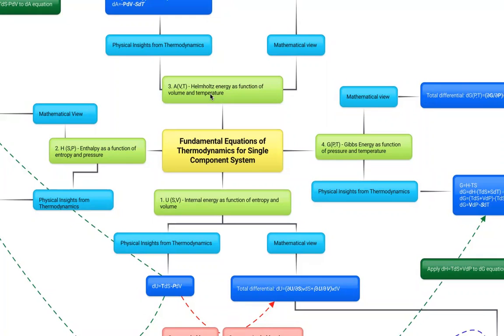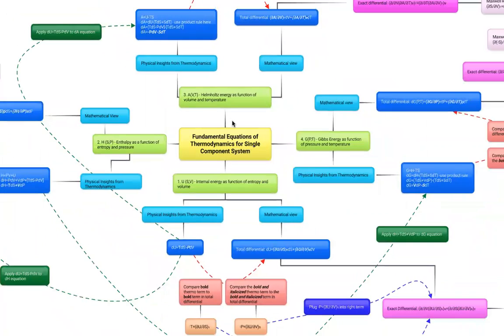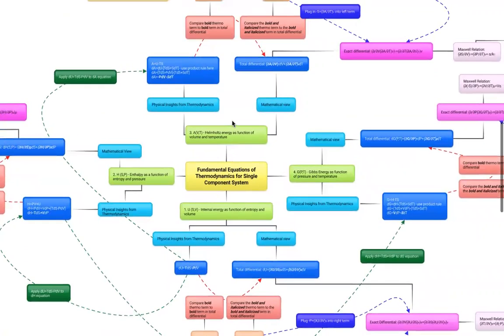Pressure and temperature are very easy to measure in a lab. So we can use those and relate them back to the internal energy fundamental equation and relate it to entropy. They're all interconnected, and this allows us to measure something in the lab in pressure and temperature and end up relating it back to another variable such as entropy.